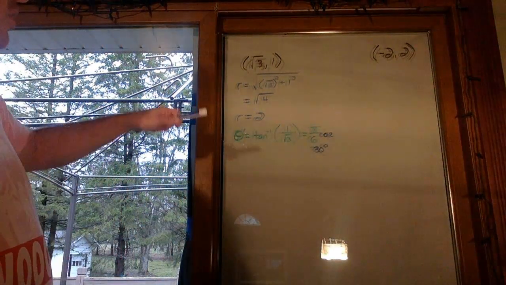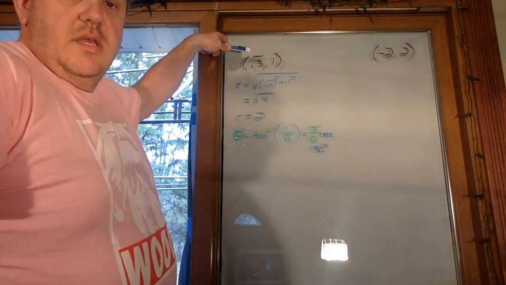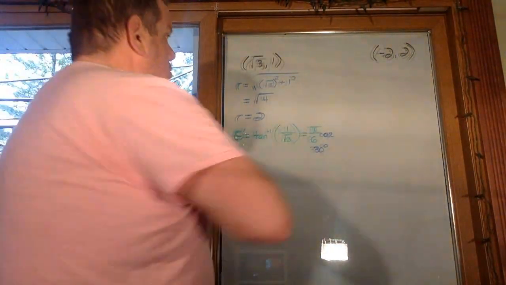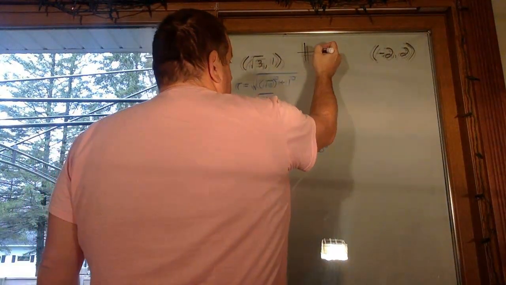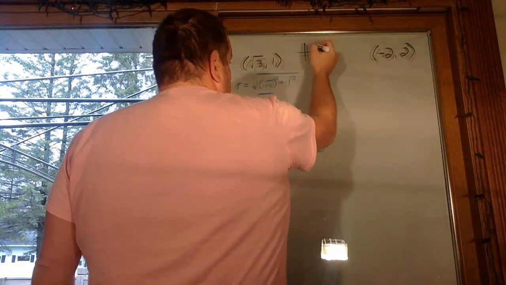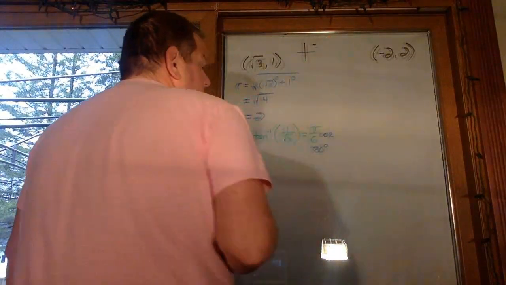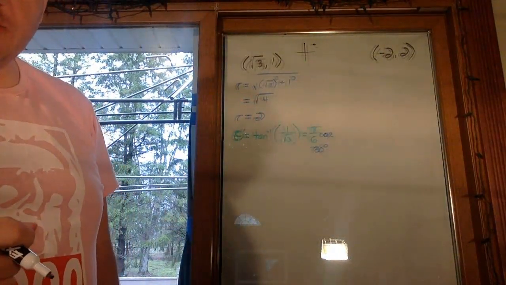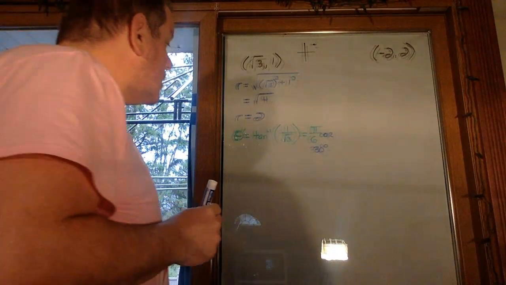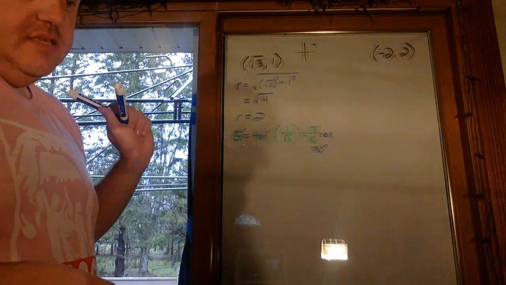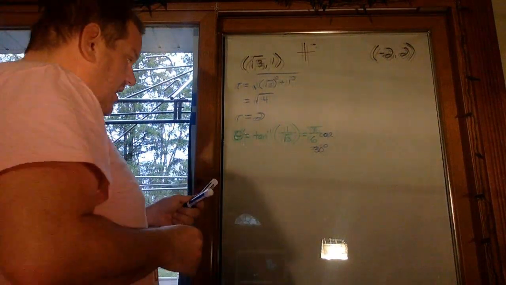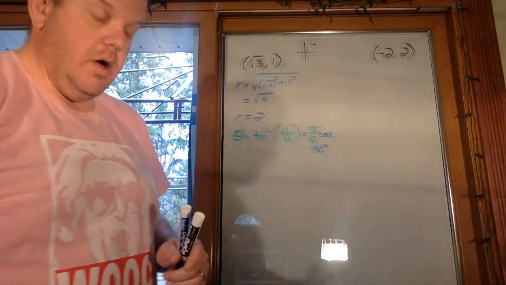Okay? So this point is up in quadrant number 1. Positive square root of 3 over, positive 1 up. So we're sitting up there in quadrant number 1. So that tells me then that theta is equal to theta prime in quadrant number 1.